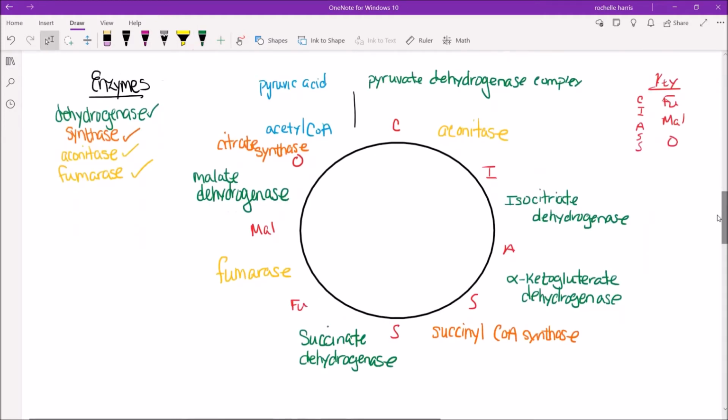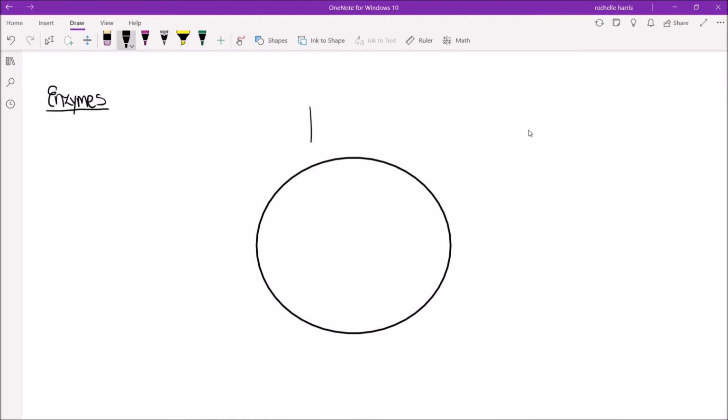So these are the enzymes that we have to remember. First, I want to start off with our base, and our base is the substrates.